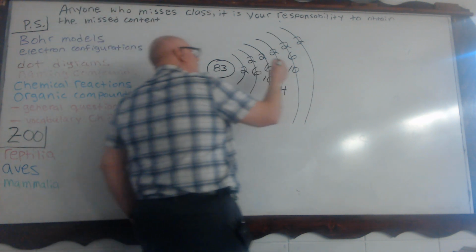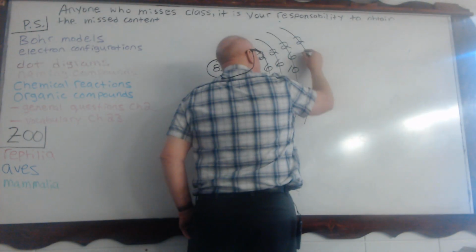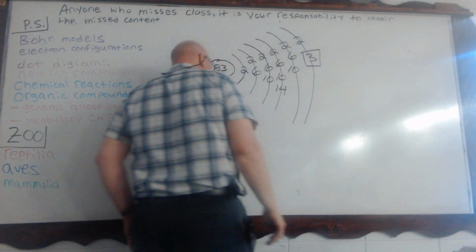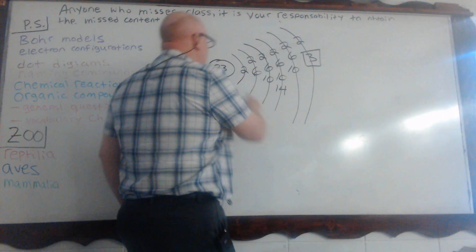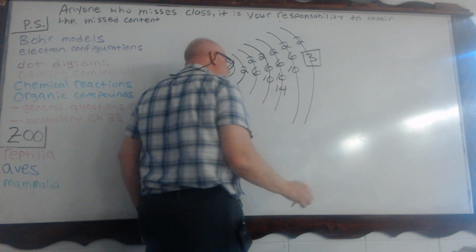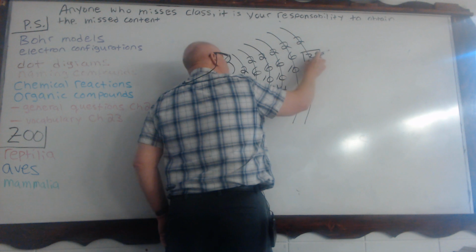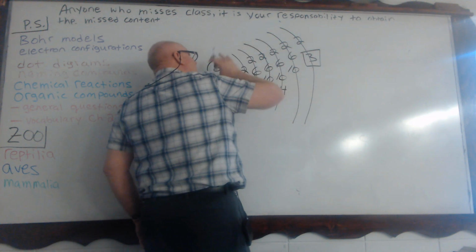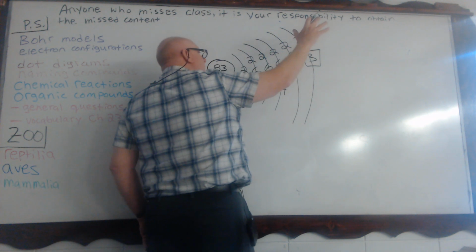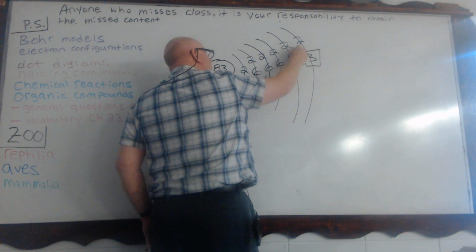You said that we needed 3 more. Then what we did is we put a box around it. So 6th period, that's where the 6 energy levels come from. It's in the 3rd column of the P block. That's where the 3 comes from. Then for the entire period, it's in column 5. And that's what happens when you add those 2 together.